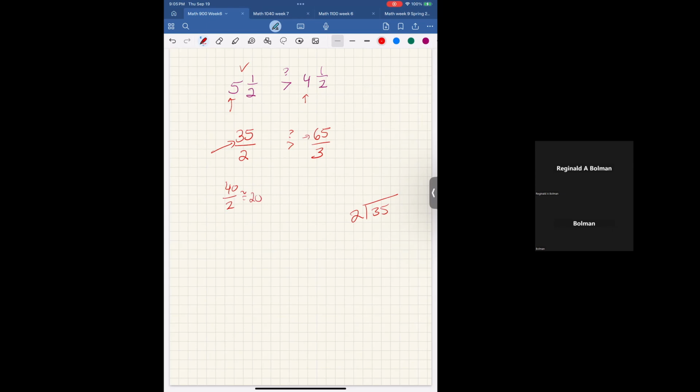If you were to round this one up to 70, 70 divided by 3 is going to be a little bit more than 20.